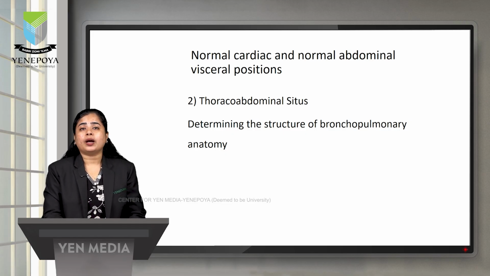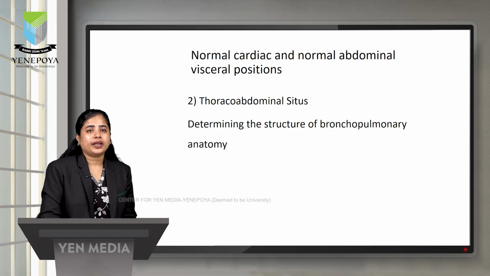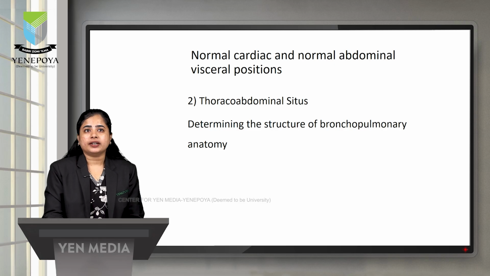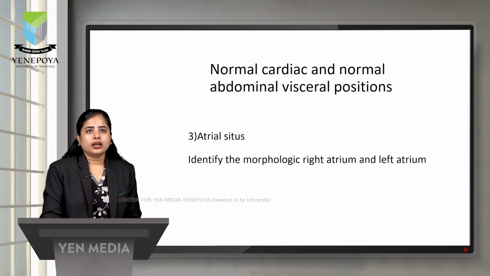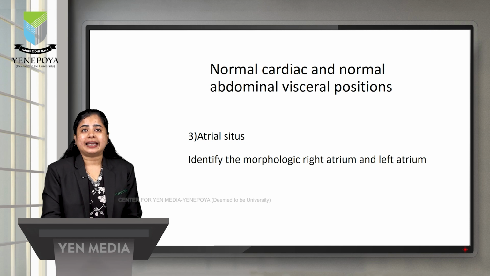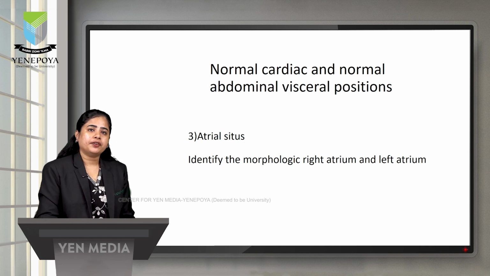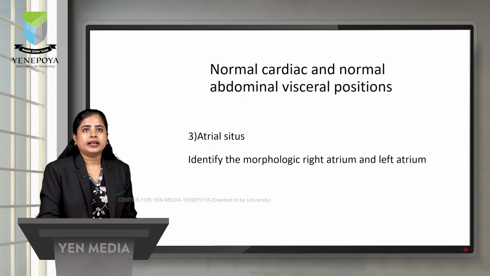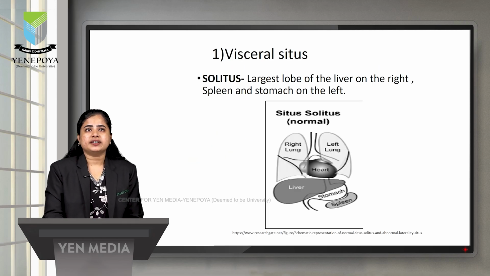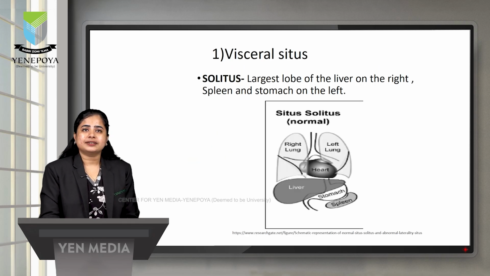Coming to the thoraco-abdominal situs, we should be able to differentiate the bronchopulmonary anatomy. Coming to the last part, it is atrial situs, identifying which is the morphological right atrium and which is the morphological left atrium. Coming to the visceral situs, what is solitus? That is what is normal.